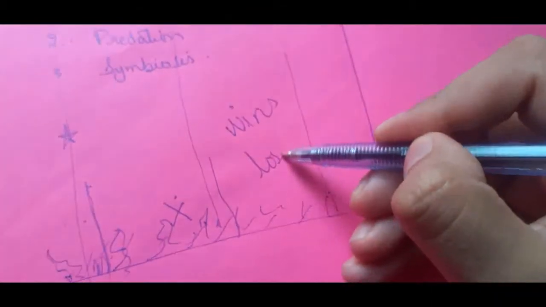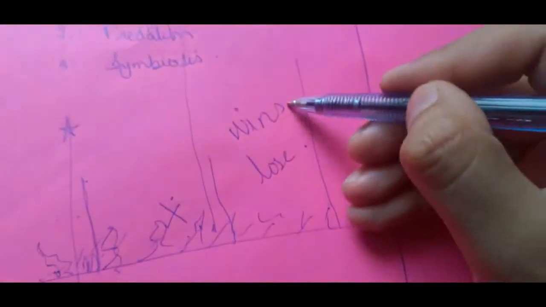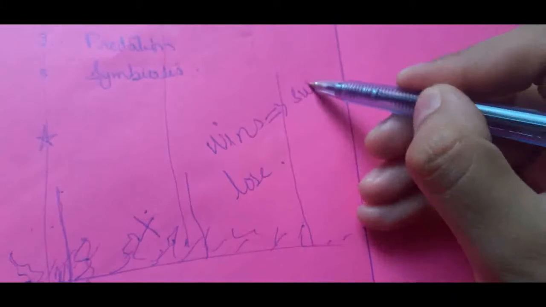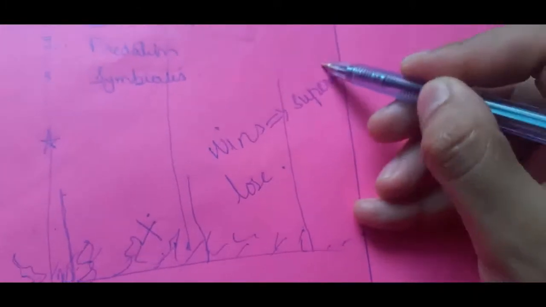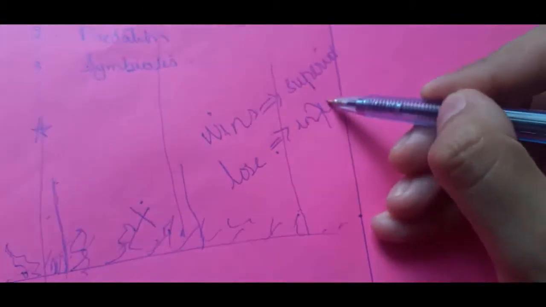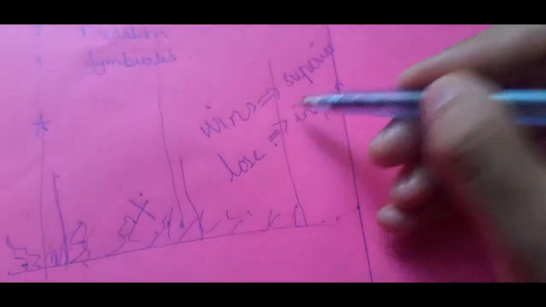Right? So in competition, you always have to keep in mind that one species wins, whereas the other species has to lose. The species which wins is called superior, and the species which loses is called inferior. Right? So whenever there is a competition, one always gets the benefit, whereas the others might survive in shade.